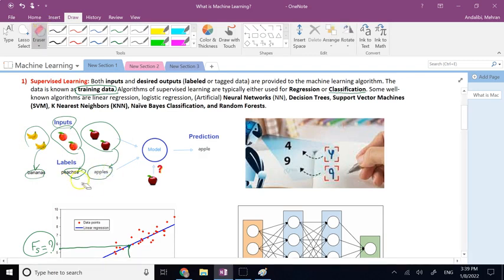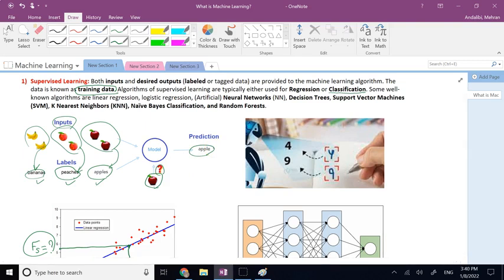And now say, could you make a model so that based on these pictures, if I give you a new picture, you can tell me which class of these three objects it is? And if it can do it and say, yeah, that is the picture of an apple, then you say, I've made a good model, right?